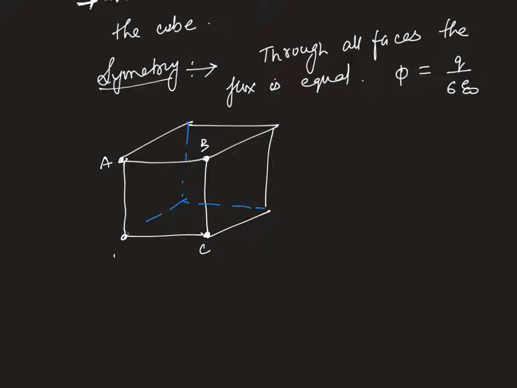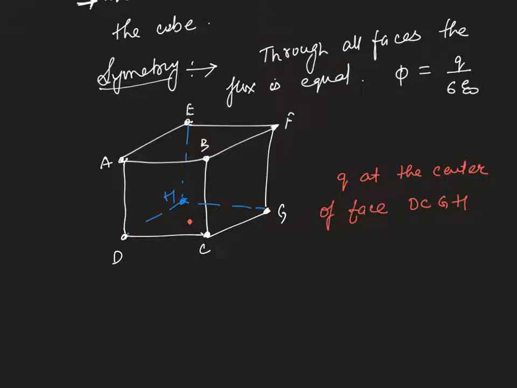A, B, C, D, of course, and then we have E, F, G, and the hidden one is H. Now we have a charge not at the center of the cube this time. We have a charge at the lower face, this face, Q at the center of the face. What face? Let's say DC, G and H. The Q is at the center of the face DC, G and H.